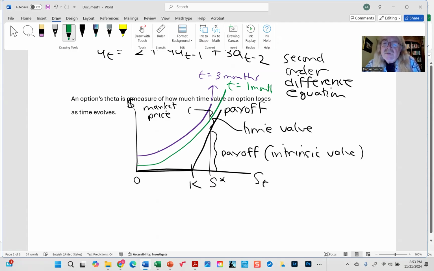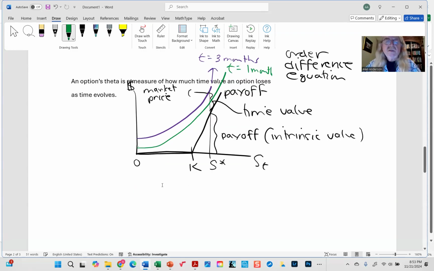And on the actual maturity date, the price line will coincide with the payoff. Okay, they'll be identical to each other on the maturity date. And at that time, the time value of the option is zero. So the theta is telling me how quickly this is happening.